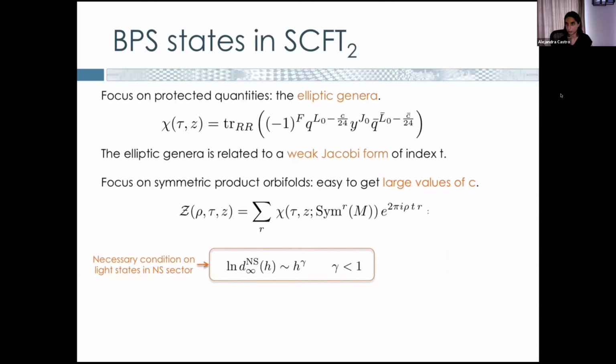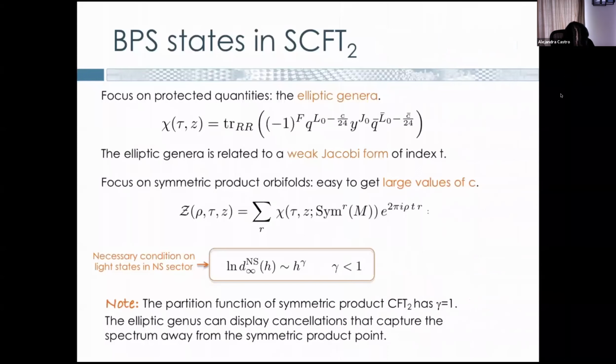If there is hope of this theory having a gravitational description, this protected quantity should already reflect this. To reiterate, we're not looking at the partition function, because that already will have gamma equal to 1, but the elliptic genus has cancellations, and it could tell us something about how the theory behaves away from the symmetric product, and that's why the growth can potentially be lower.